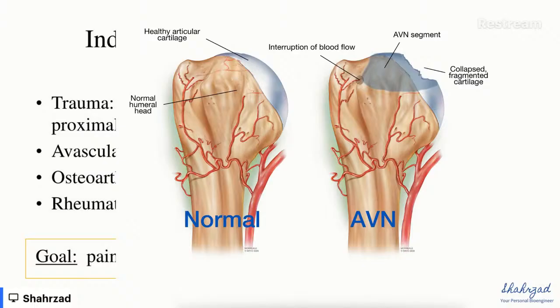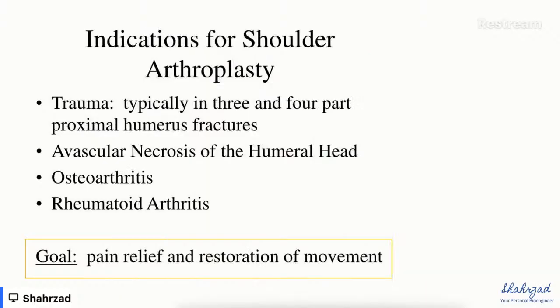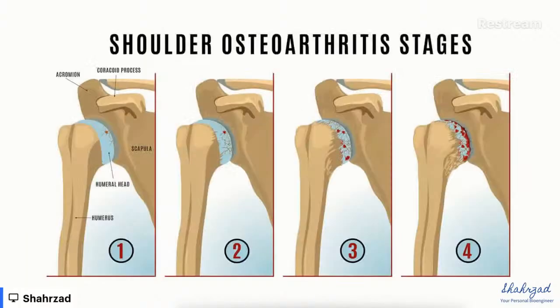So that's another issue with shoulder joint that can happen. And lastly, we have osteoarthritis and rheumatoid arthritis. And if you look at here, you can see shoulder osteoarthritis stages from 1 to 4, which is very severe osteoarthritis of the shoulder joint.